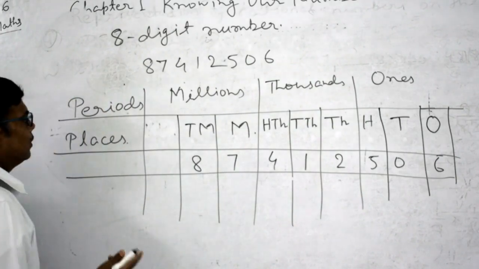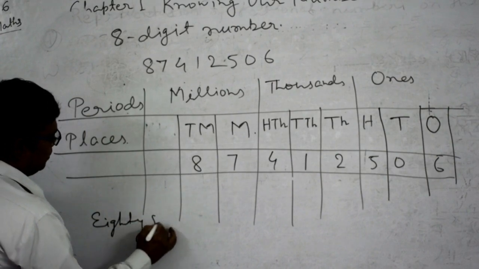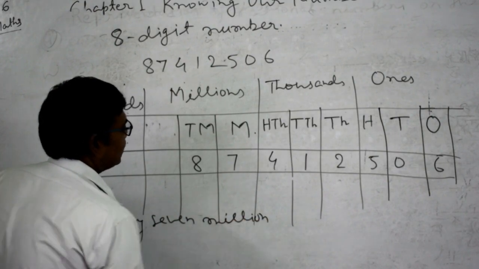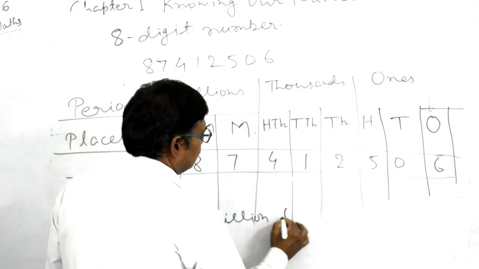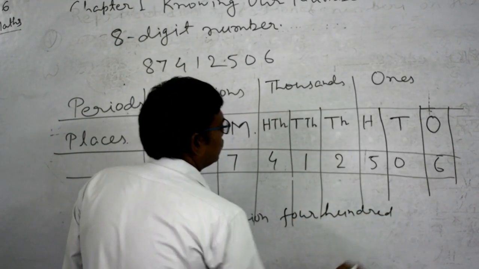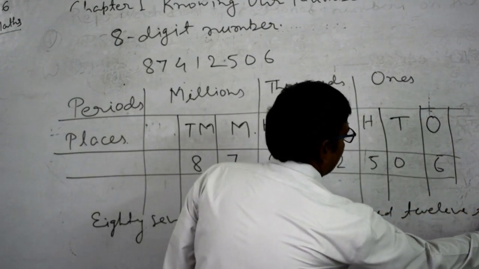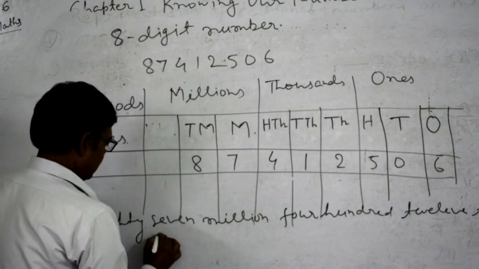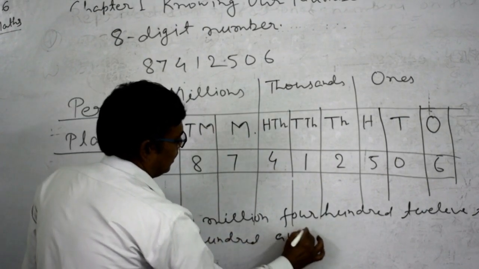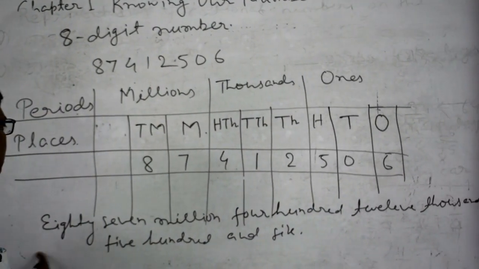So its name will be 87 million, 412 thousand, 506. Okay, this is the number name in words.